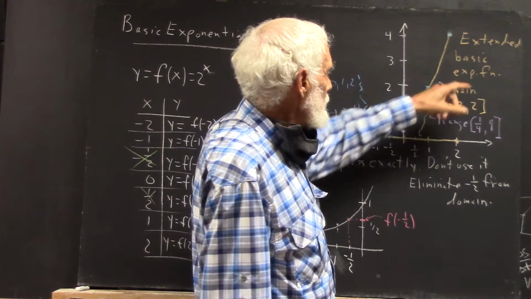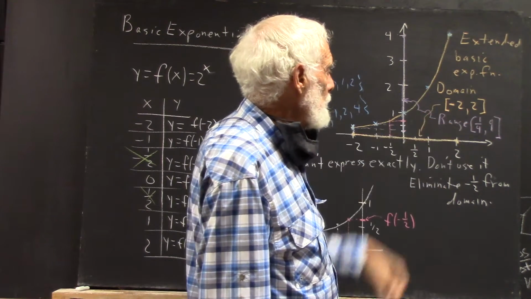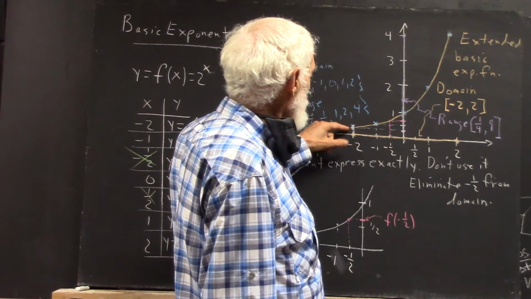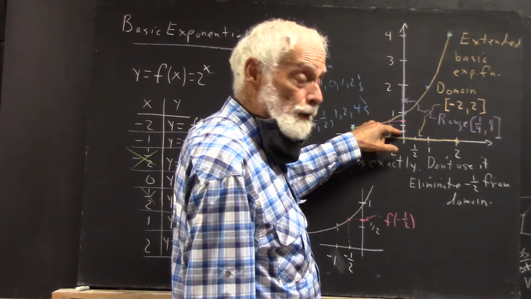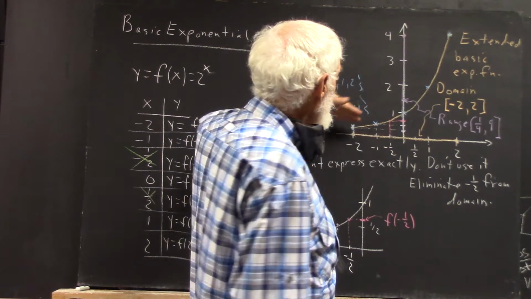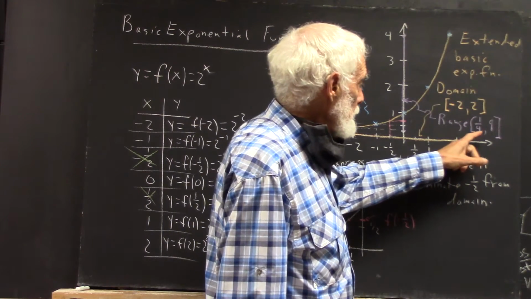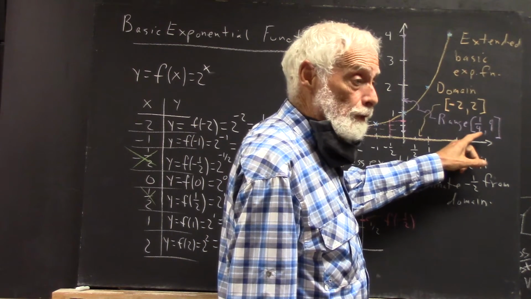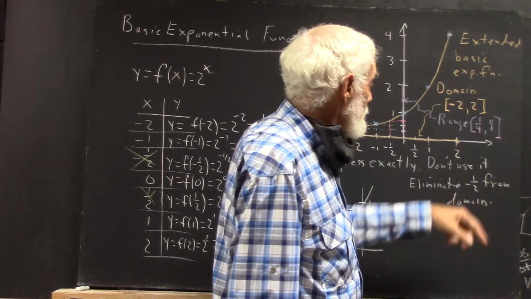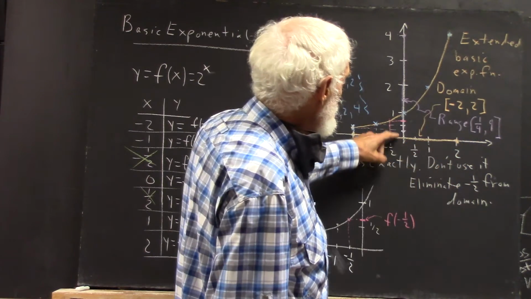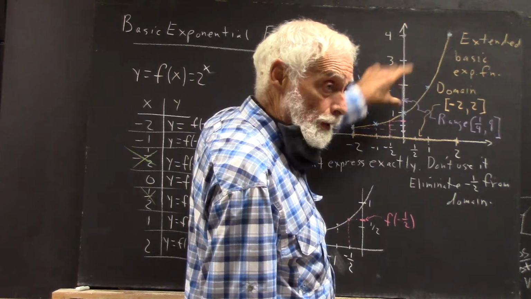But the extended basic exponential function is on this domain, so the smallest y value in this domain is 1/4. And the largest is 4, and it's a nice smooth curve, there are no breaks. So the range is the closed interval [1/4, 4]. The set of all y values starting at 1/4, ending at 4, and all numbers in between.